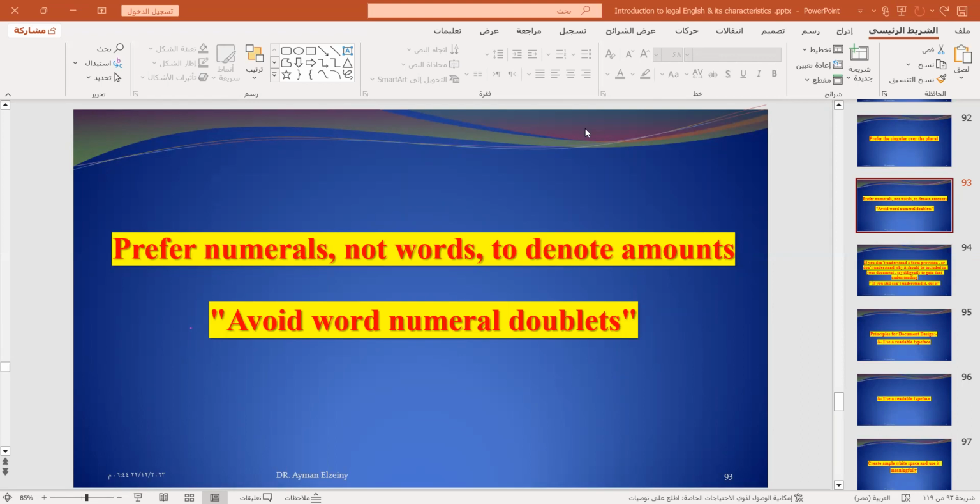In truth, word-numeral doublets arose centuries ago as a safeguard against fraudulently altered documents. That's why you write out checks in both words and numbers. The numbers by themselves would be too easy to alter.